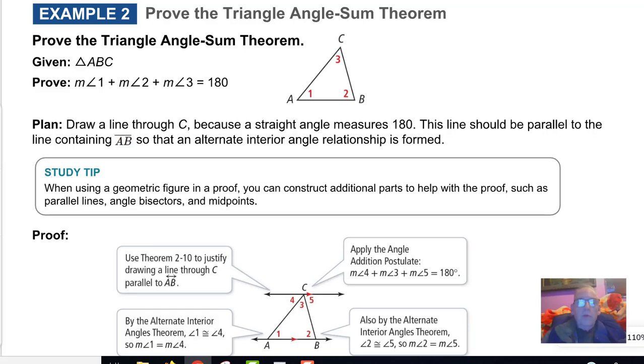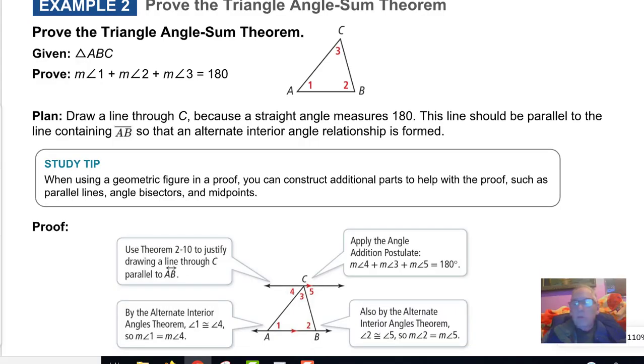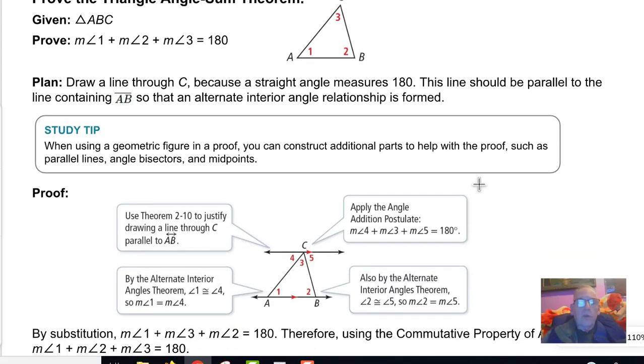Example 2, we want to prove the exterior angle theorem. So let's look at this argument. It's pretty much what I just went through, I think. Draw a line through C that's parallel to AB. And from that, we can get that these two angles are congruent because of alternate interior angles.